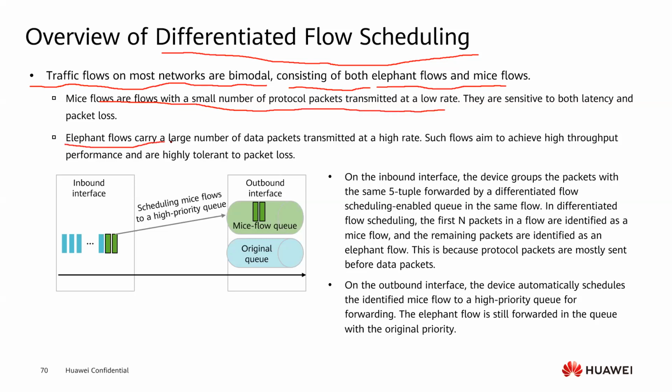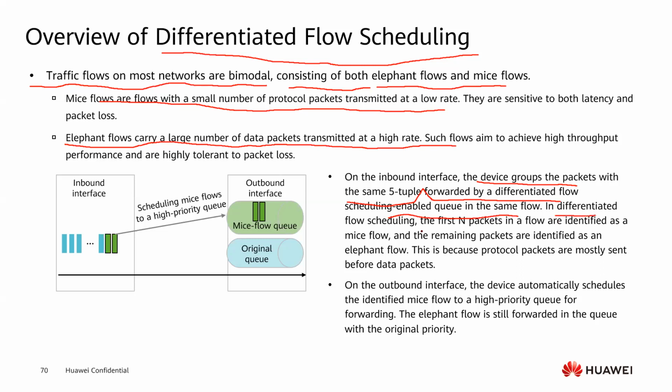Elephant flows carry a large number of packets transmitted at a high rate. Such flows aim to achieve high throughput performance and are highly tolerant to packet loss. So on the inbound interface, the device groups the packets with the same 5-tuple into the same flow, forwarded by a differentiated flow scheduling enabled queue.